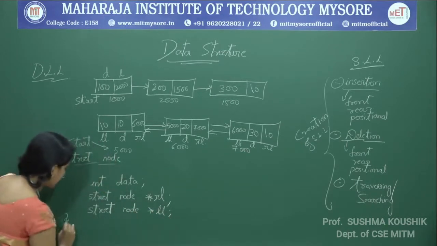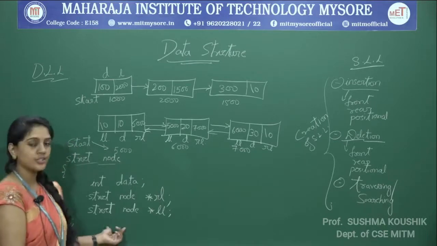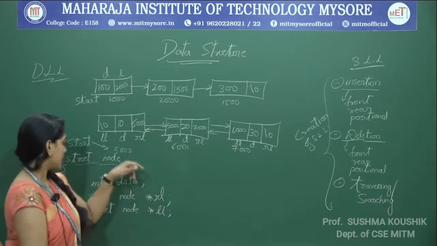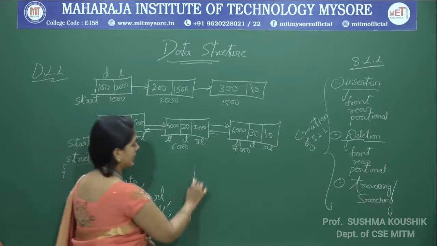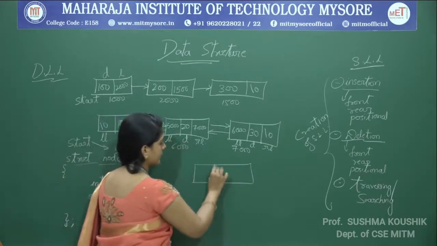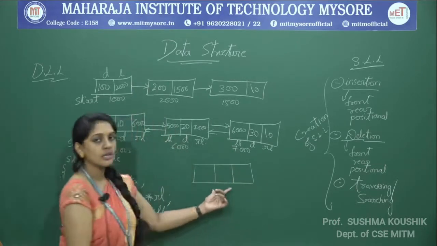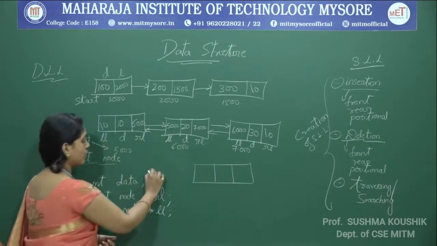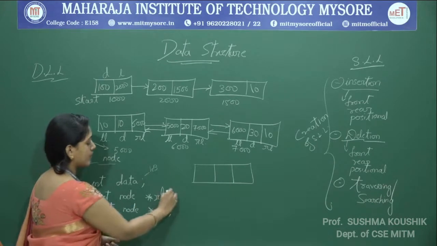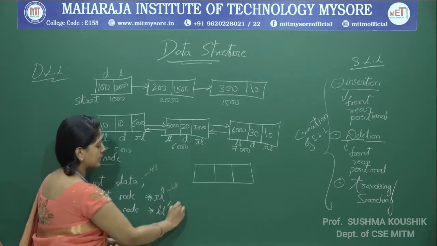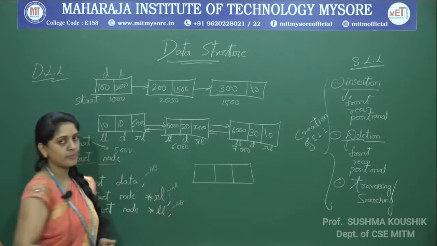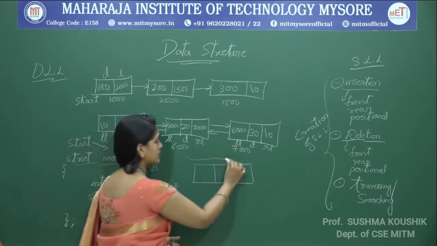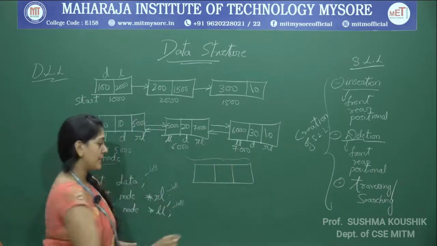Now, this structure is capable of creating a node in this fashion which can hold 3 fields. How many bytes? Data will hold 4 bytes, one address will hold 4 bytes, and the other address will hold 4 bytes. So totally this is how many bytes? 12 bytes.